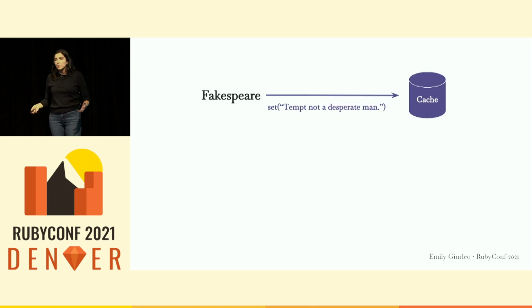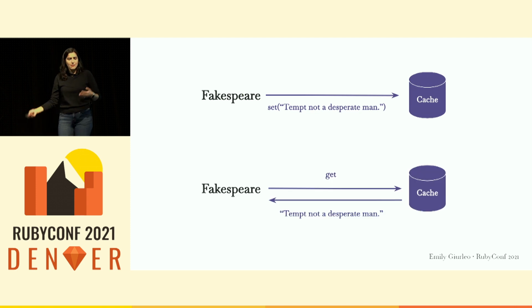Instead, I've only provided two methods that the gem can use to interact with the cache. The set method, which will add a new quote to the cache, and the get method, which will get back a single quote. There is no method that's just like, hey, give me all the quotes you got in there, because that couples the rest of the gem to the exact implementation of the cache.